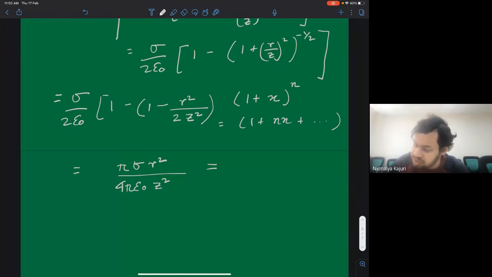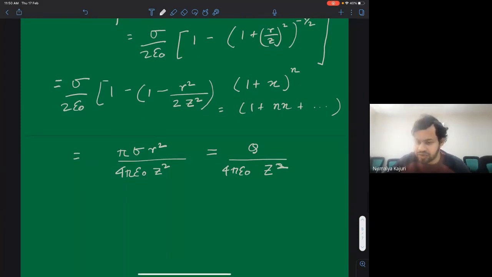So this whole thing is charge q. This is 4 pi epsilon naught, and this is the distance squared, z square. So again, we have recovered that here also the electric field at large distances falls off like 1 over r squared.